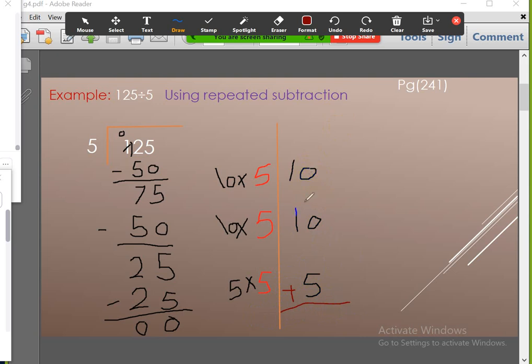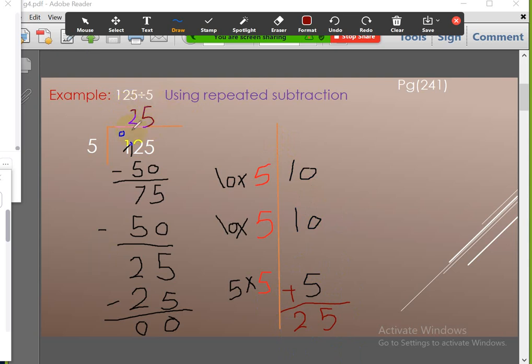Now 10 plus 10 equals 20. 20 plus 5 equals 25. So this is the quotient, or you can add it as we learned in the strategy. 0 plus 0 plus 5 equals 5. 1 plus 1 equals 2. So this is the quotient. I have to write it up here because this is the place for this number.